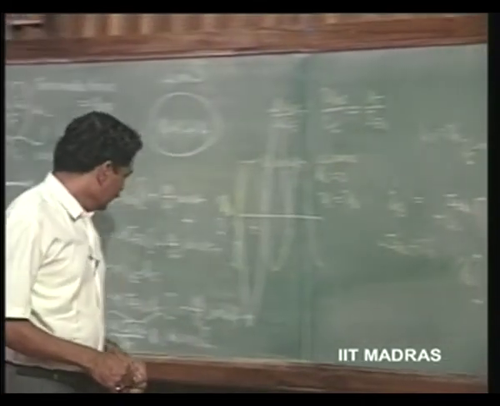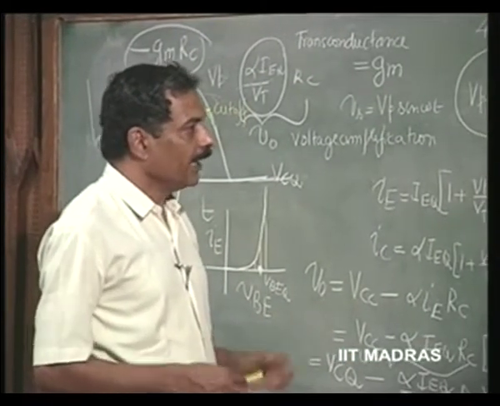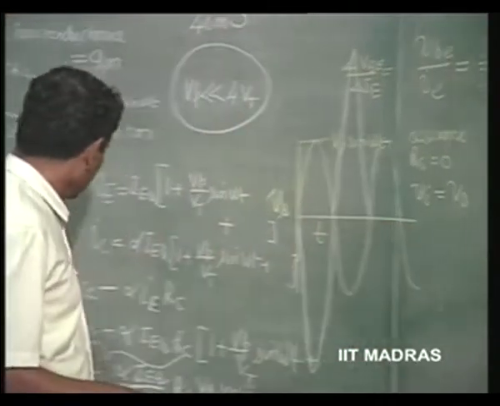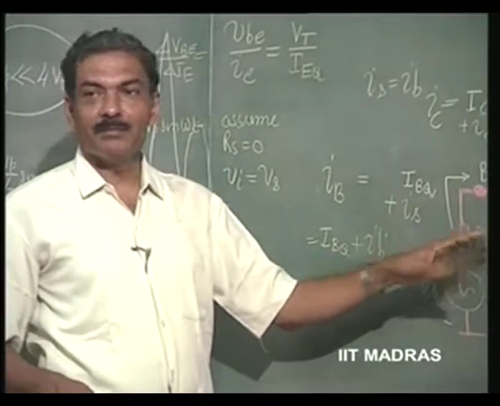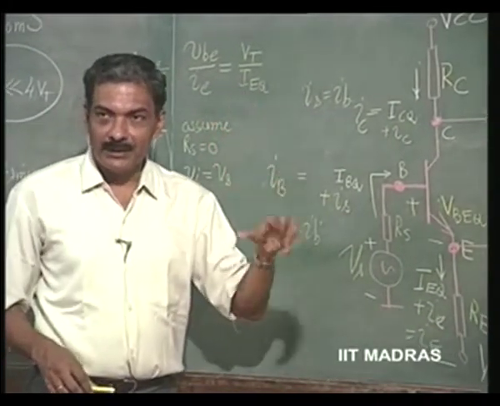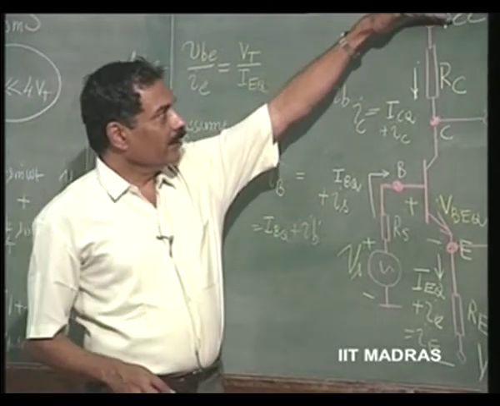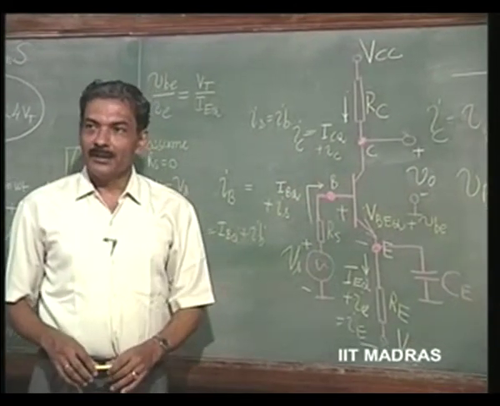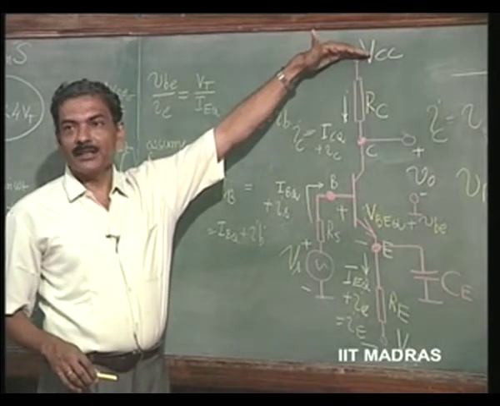So this comprehensive thing is important in that in the initial stages, when these nonlinearities do not come into the picture, when this system can be assumed to be linear, when this Vp is much less than 4 times Vt, then I can say that I will have one circuit for DC and another circuit separately for AC. This is VCC and there is no change here.